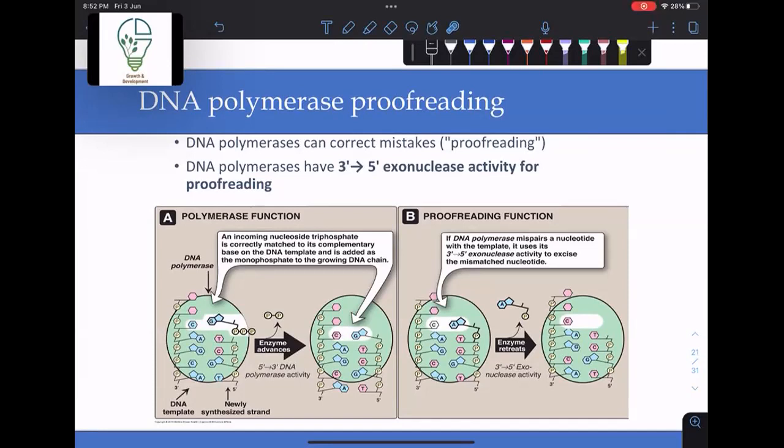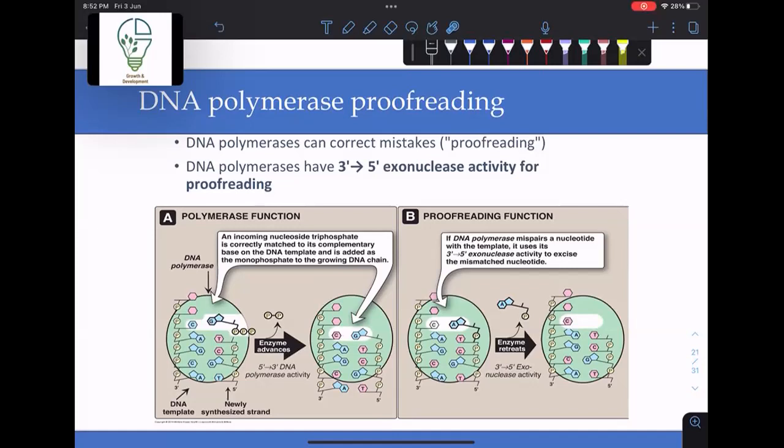The proofreading process is basically where the DNA polymerase goes and corrects its mistakes, and fixes all the places where incorrect nucleotides have been placed. It has this exonuclease activity, also known as a scissor kind of activity, to remove the mismatch or the incorrect nucleotides.